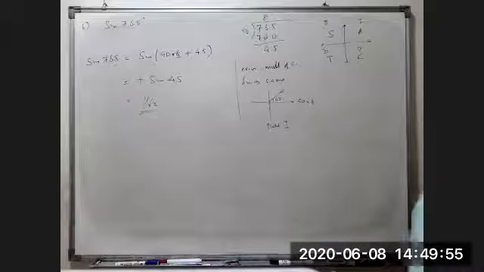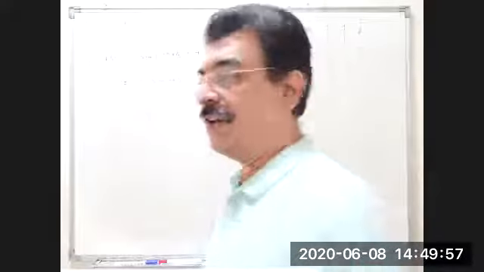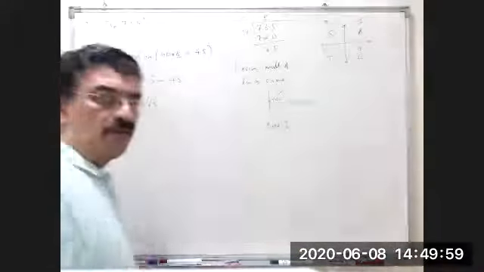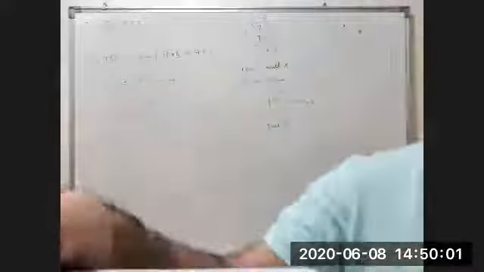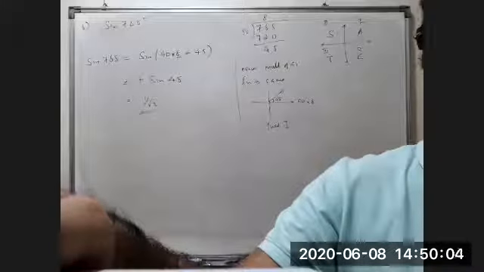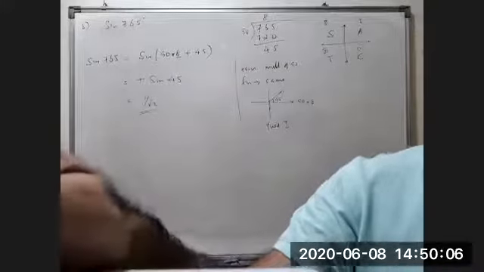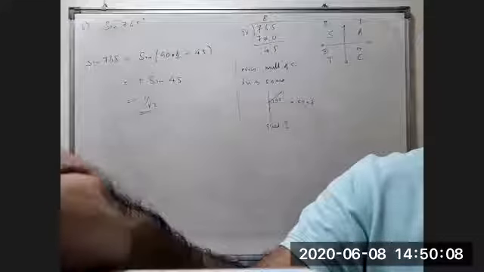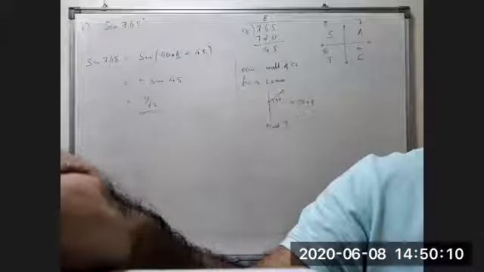1 by root 2. I said not to ask unnecessary questions. A lot of questions were asked, and almost all are unwanted. If you keep asking these unwanted questions, the genuine questions will be missed, like what if it is 90 into 6? Check it. What is 90 into 6? I said it. All unwanted questions.